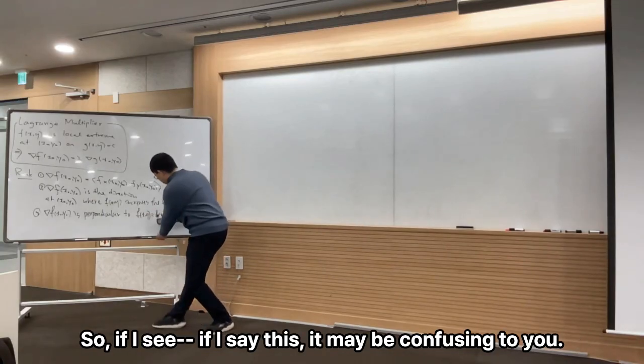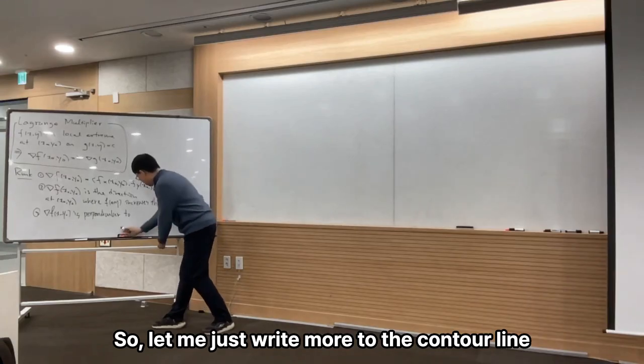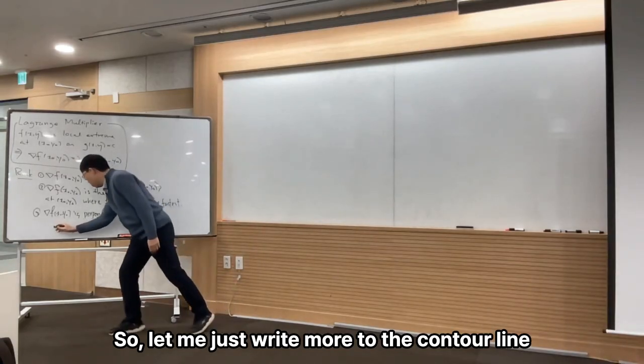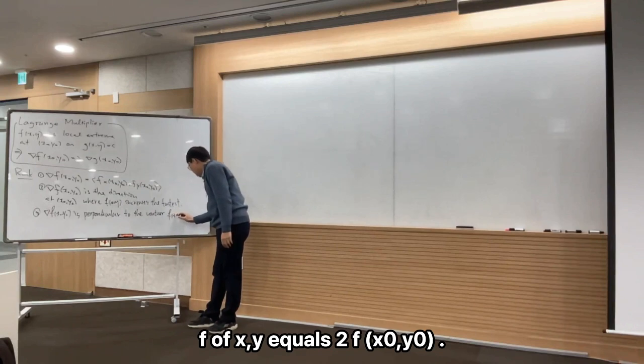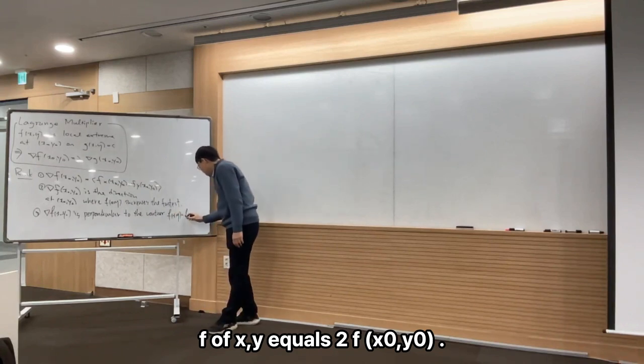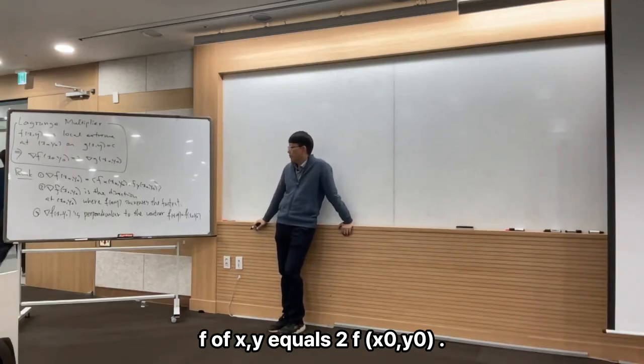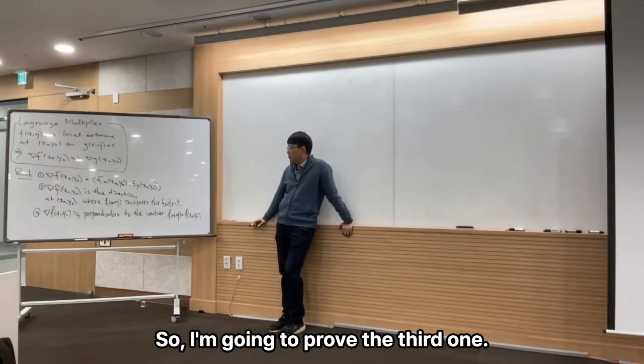If I say this, it may be confusing to you, so let me write more: the contour line f(x, y) = f(x0, y0). I'm going to prove the third one.